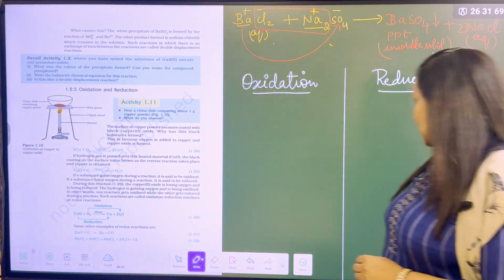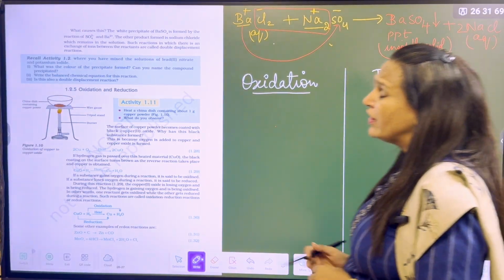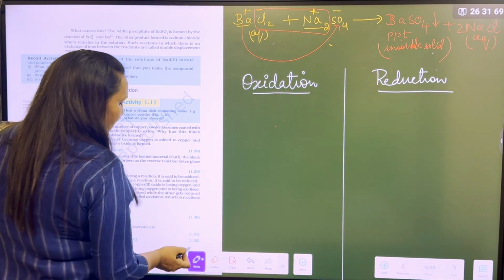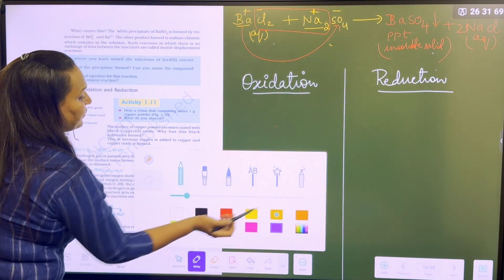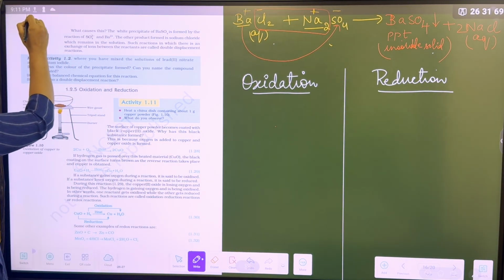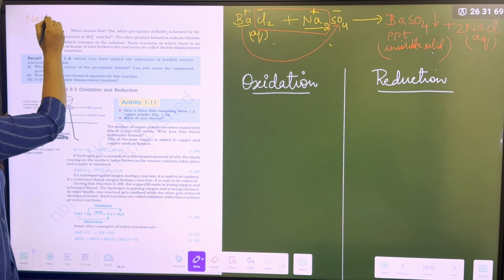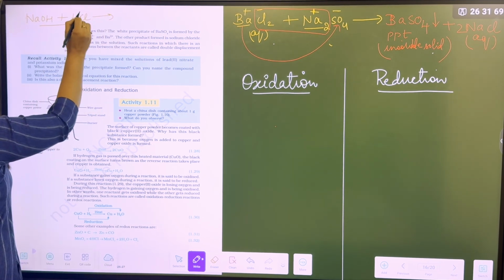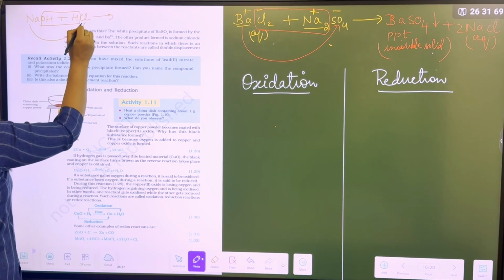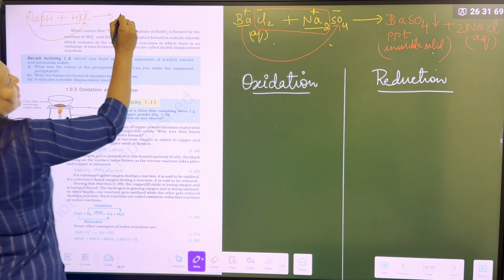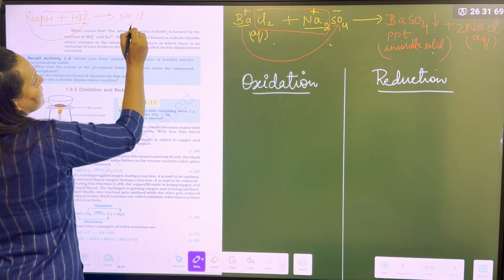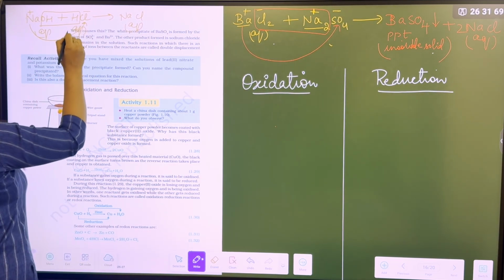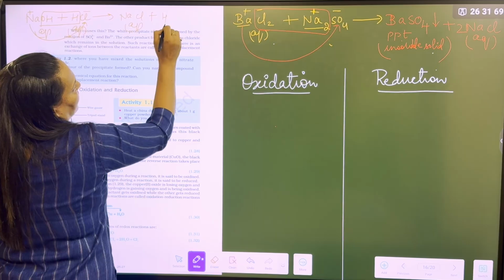One more reaction is there. If you ask me any other example, yes, a very easy example is there, guys. You can take a strong base plus strong acid. So, if you see here, this sodium will combine with this chlorine, sodium chloride aqueous. See here, both compounds are in the form of aqueous solution, plus water.